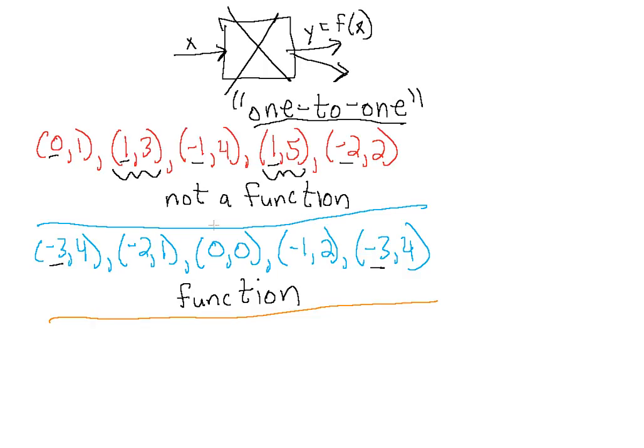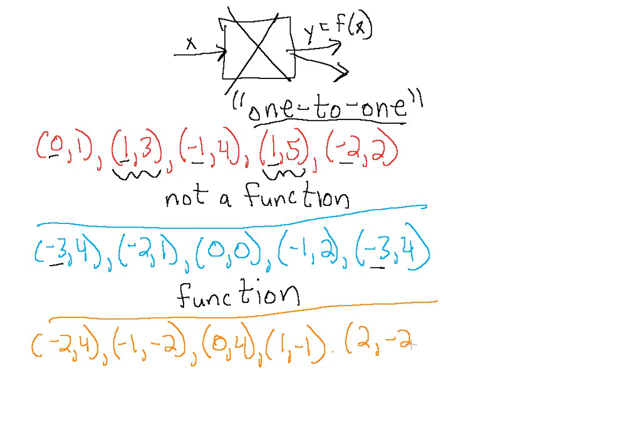Let's say we have the relation that consists of the points (-2, 4), (-1, -2), (0, 4), (1, -1), and (2, -2).